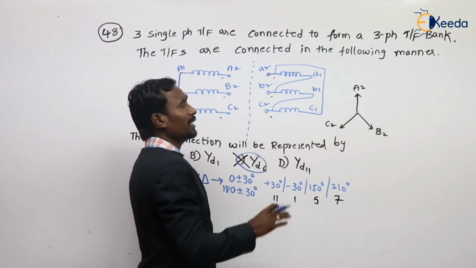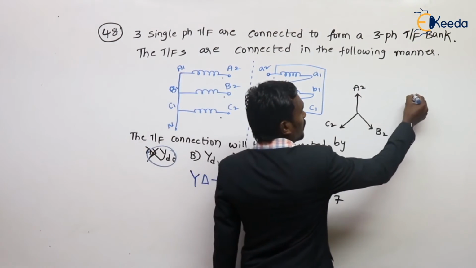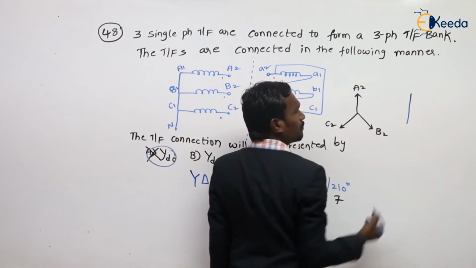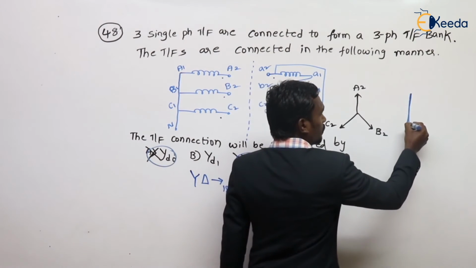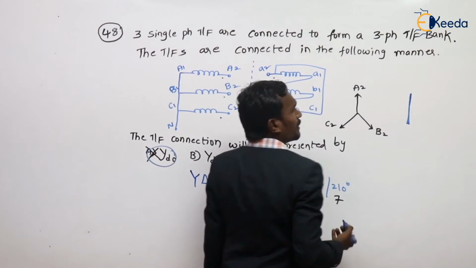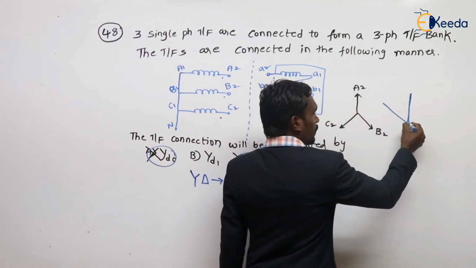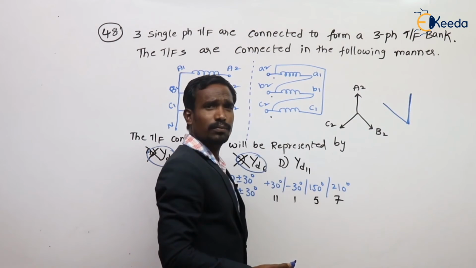For additive manner, the vectors should be the same. So let's see. This is the A vector. The A vector is the same. Next, the B vector is also the same.